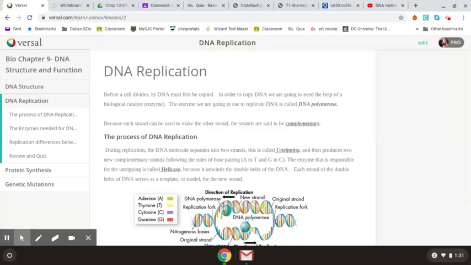In the last lesson, we learned about the structures of DNA and some of the people that were important in the discovery of deoxyribonucleic acid. We want to learn two major functions of DNA.